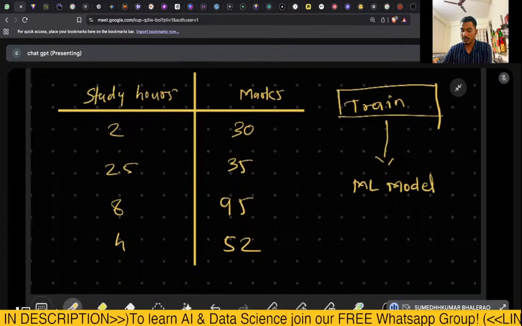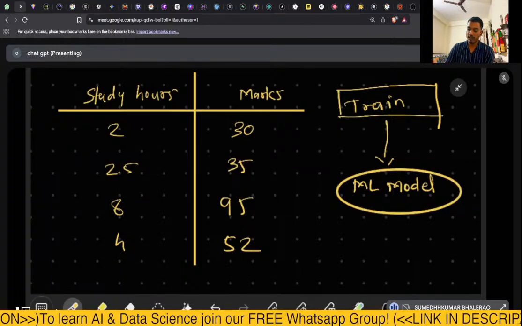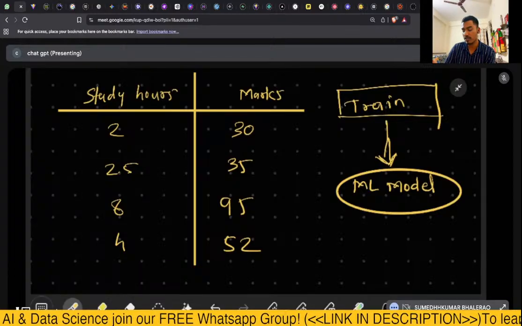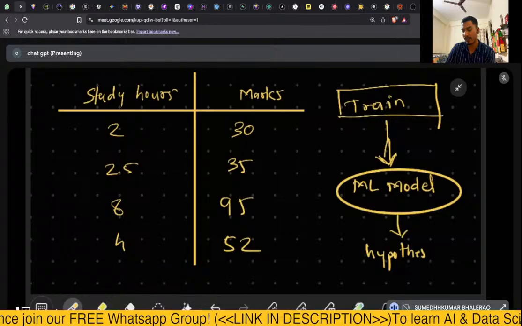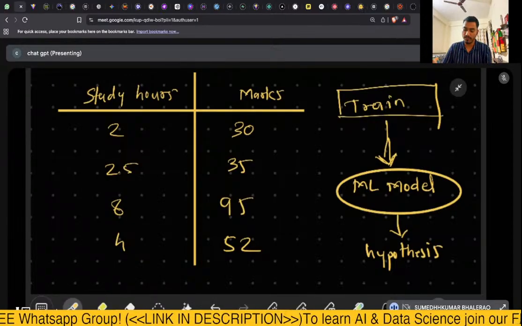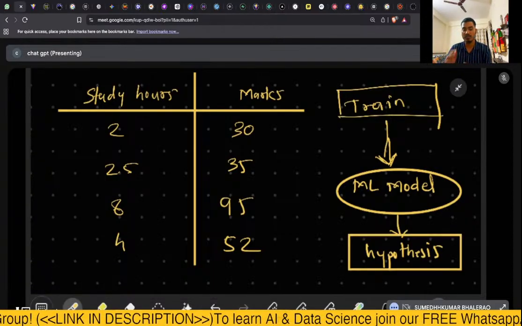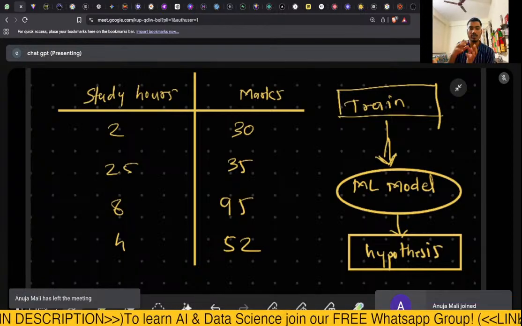We train our machine learning model. So now, when we train our machine learning model, it forms some hypothesis. Hypothesis meaning this is nothing but the learning of a model. That model has learned something from your data.